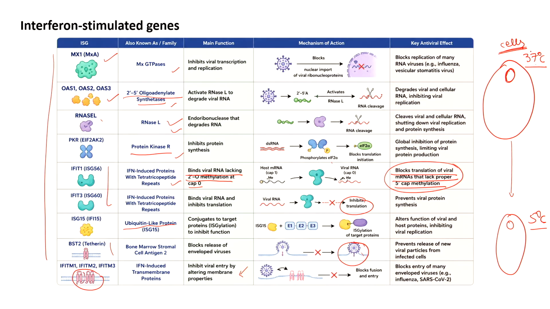That means we have some proteins that are made at 37. Suddenly we shift the cells to 5 degrees centigrade, and then we need some more proteins to be sustained at 5 degrees centigrade. Now it's not possible to make all of them all the time. We have a very limited capacity in the cellular environment. So the proteins which were generated at 37 degrees centigrade will be degraded in order to make the new ones.